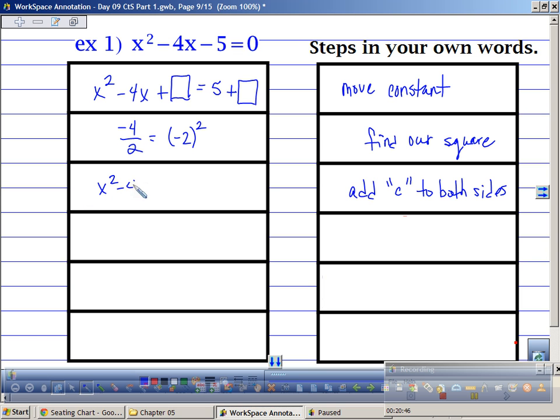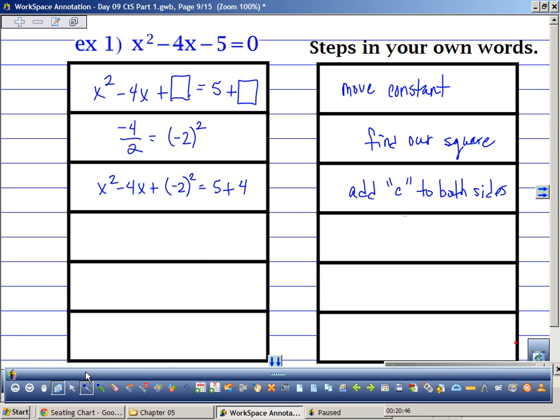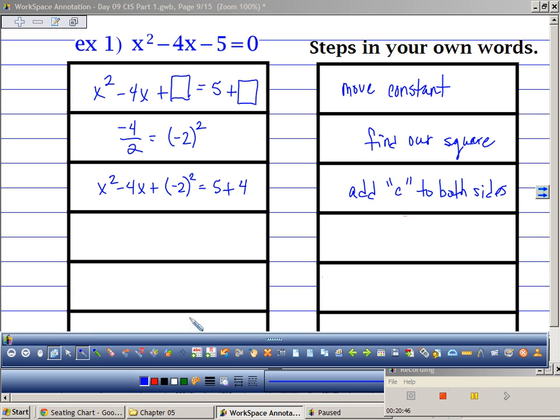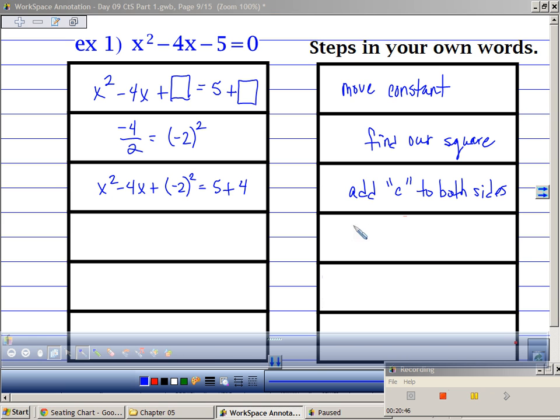That gives me x squared minus 4x plus negative 2 squared equals 5 plus what? 4. Why would I leave it like that? Is there a reason I would leave it like that? How come, Brennan? You make it 4? You can make it 4 too. Here's the reason I like to do this though. My next step is to factor.